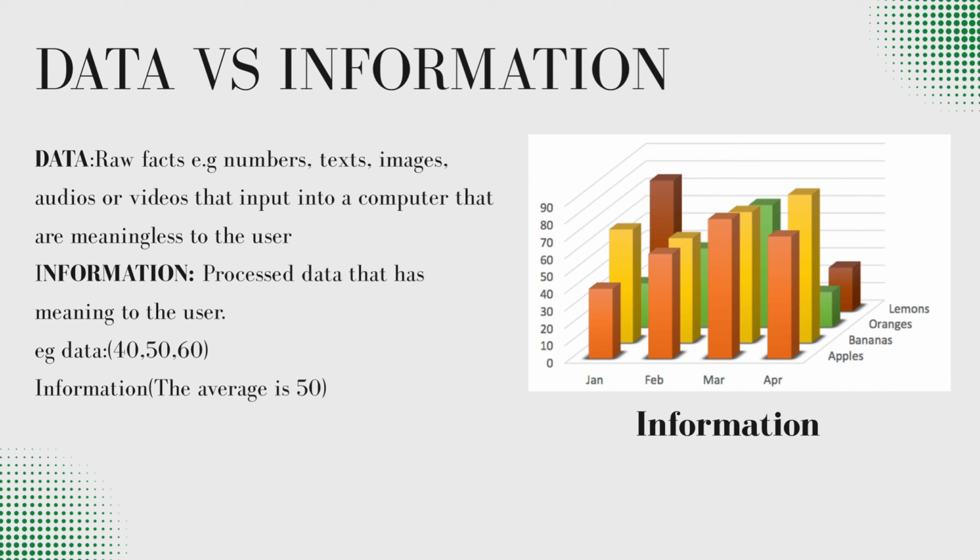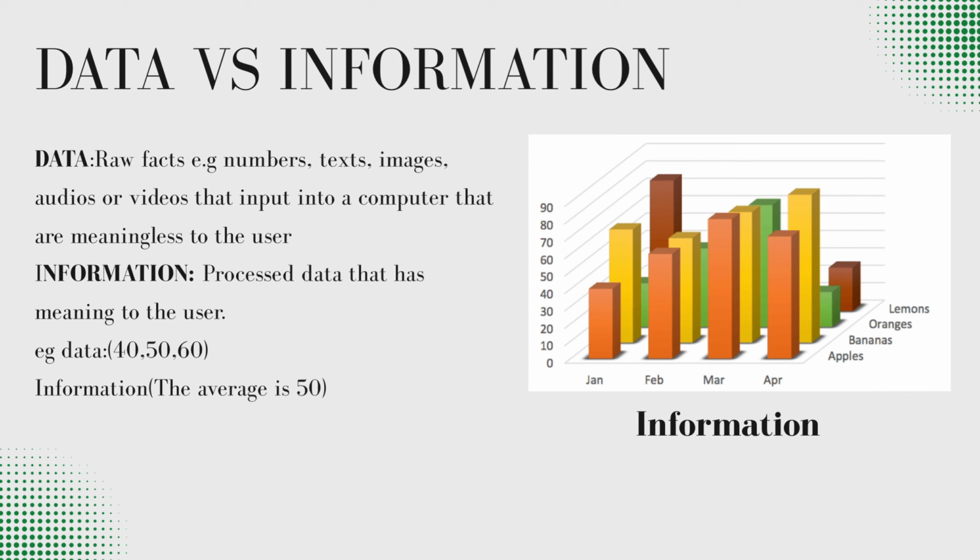Let's say you're writing a letter to a friend, or you're writing an email to send to a friend. Those are an example of data. Data can also be in form of images. A good example of an image can be a picture of yourself. Data can also be audios and or videos.